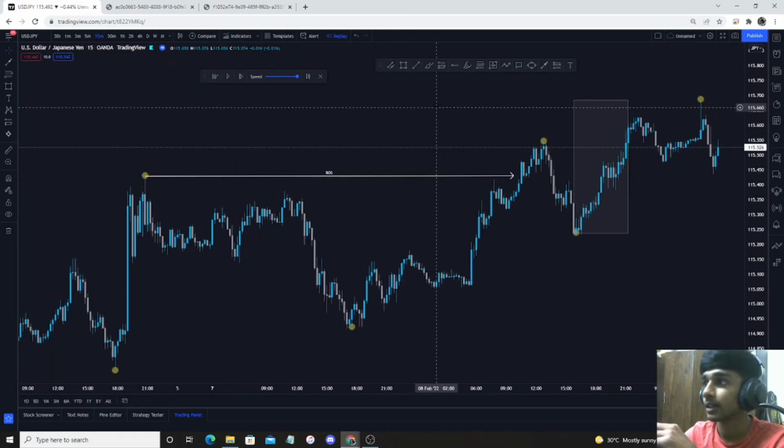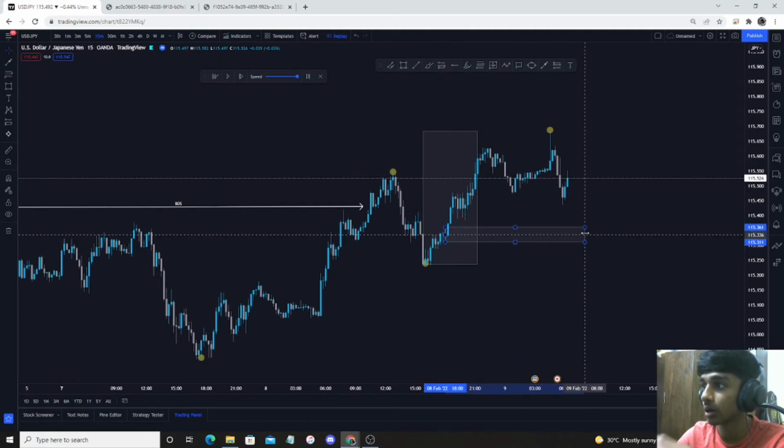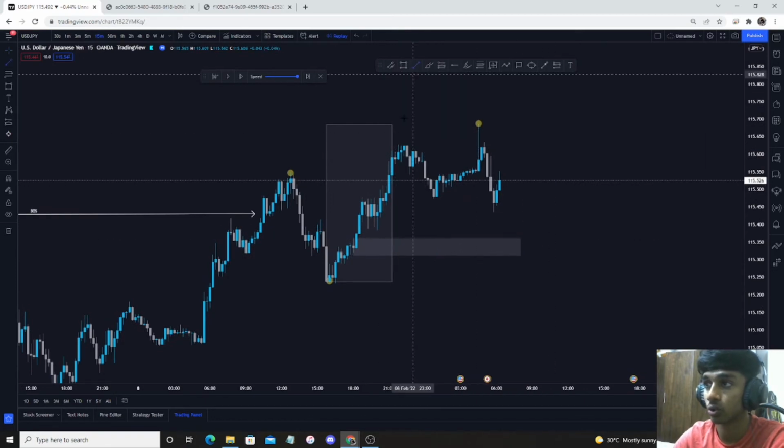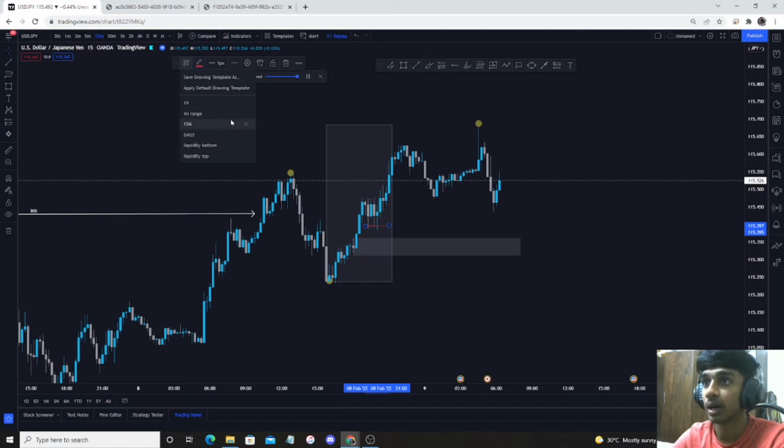Okay, so this is the order block which I was interested to enter, and I enter only during sessions. I come in during the session, go out during the sessions, and so this is the level I was looking to enter. There was liquidity below this, which the market needed to fill, because there is a lot of stops below this which needed to be cleared, and that's how algos work.